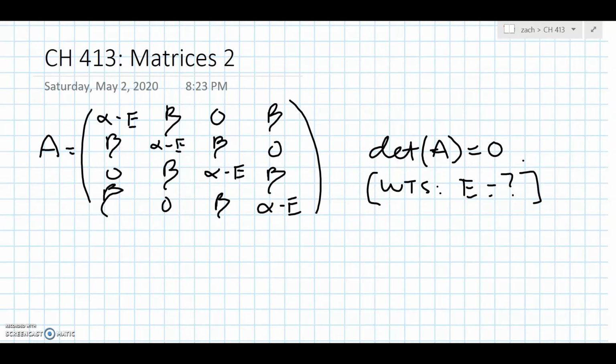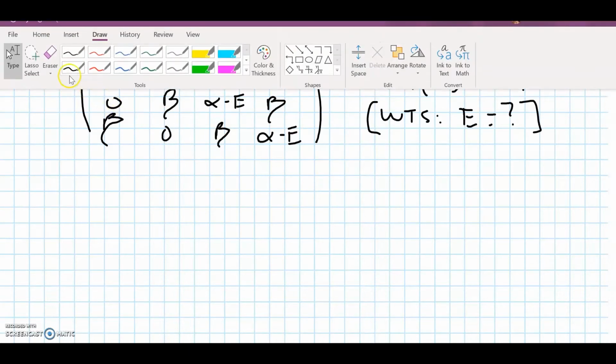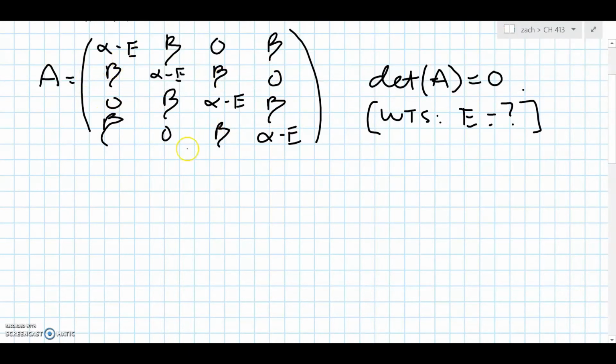One of the first things we notice is that this matrix is a little tedious. One of the rules in linear algebra that you learn is you can divide any of these rows by a constant. So we're going to divide all the rows by beta, and we get something a little bit simpler.